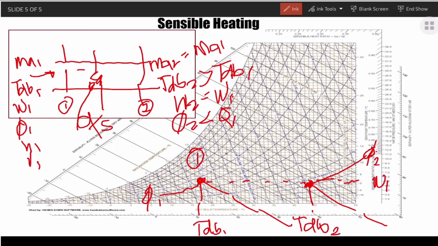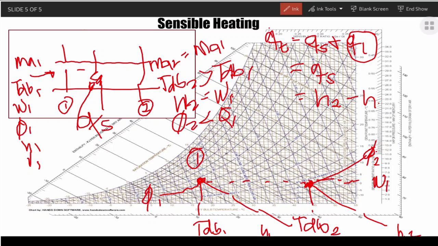So this is H1 and this is H2, where Q total is equal to QS plus QL. Again, associated with QL is the change in humidity ratio, so there's no change in humidity ratio, therefore it's just equal to QS, where QS is H2 minus H1.